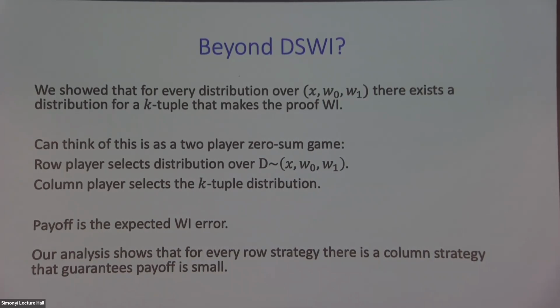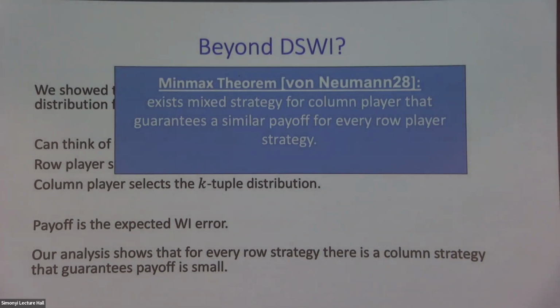What we can now do is invoke the min-max theorem, which tells us that if we have such a situation, then there exists a mixed strategy for the column player that would guarantee the same payoff no matter what strategy the row player takes. So there is a fixed distribution over the k-tuples. Why is this miracle happening? Because we fixed the function f. The function f exists. Therefore, there is a specific mixed distribution over the k-tuples that guarantees the same payoff as we had here, no matter what distribution you choose over the original triplet.